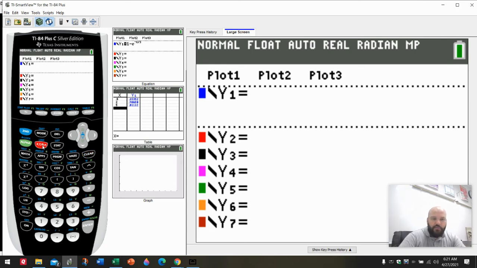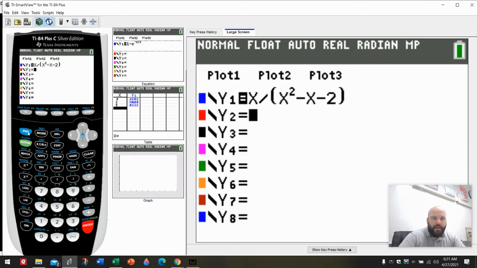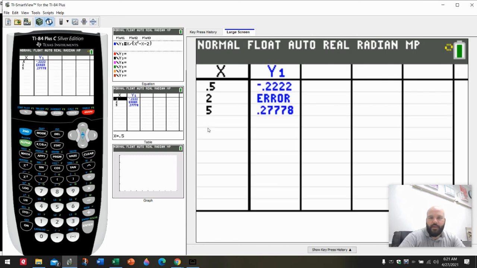So the first thing you need to do is type in the rational function that we have here: x divided by x squared minus x minus 2. Once I have that in, I can go ahead and go second table and plug in the numbers that I need. In this case, I needed -4, -3, -2.